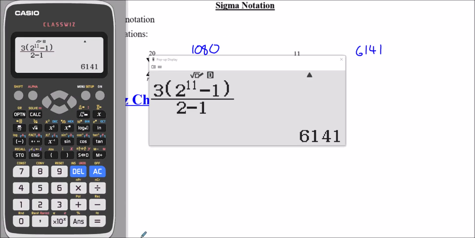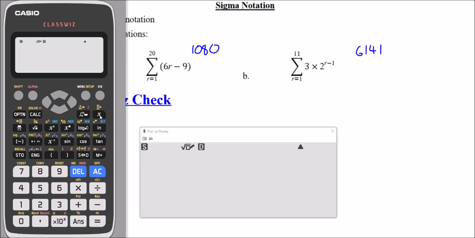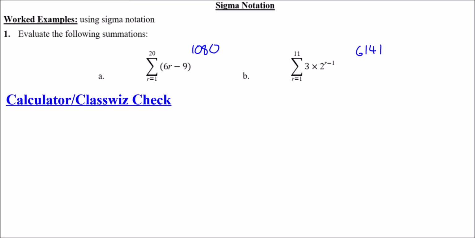So using the Classwiz, press Shift X. Type x goes from 1 to 20 for this first one. Then instead of 6r plus 9, we type in 6x, sorry, minus 9. We get 1080, so that sorts that one out.